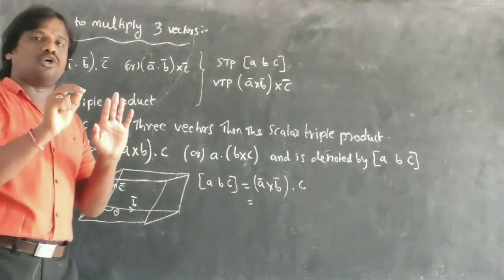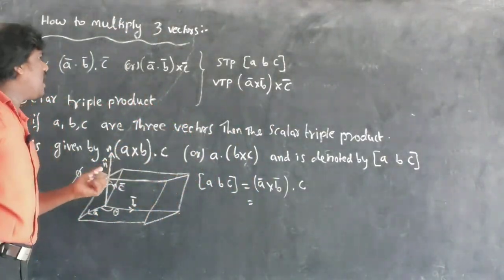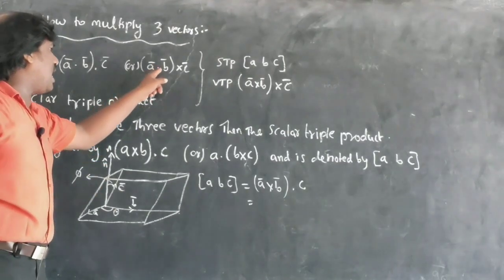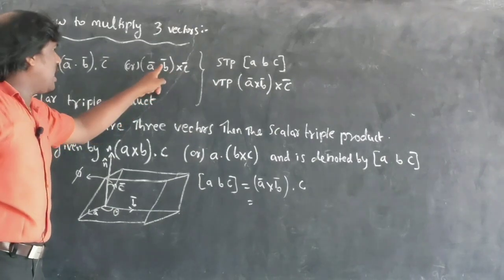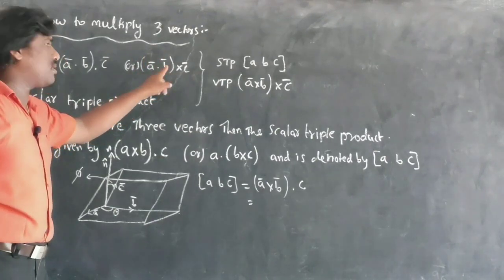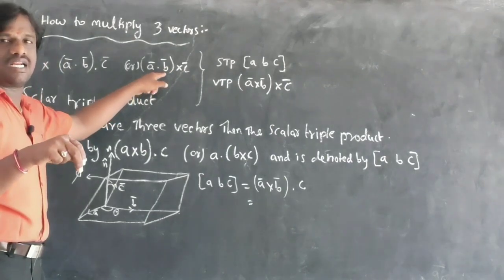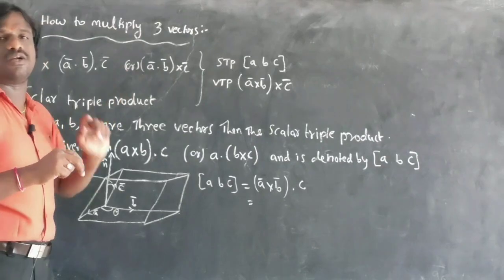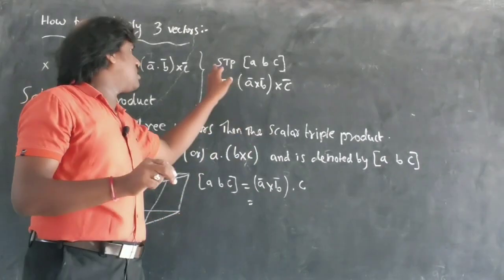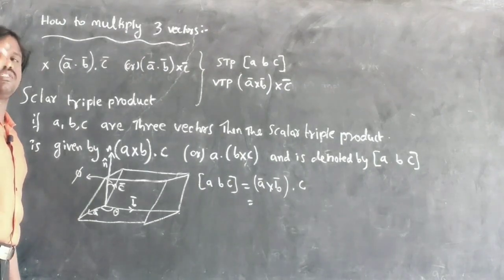A dot B dot C will not exist. Then what about A dot B cross C? Is it possible? No, it is also not possible. A dot B gives again a scalar, and a scalar cannot be crossed with a vector. So this is wrong. We cannot do these two things.